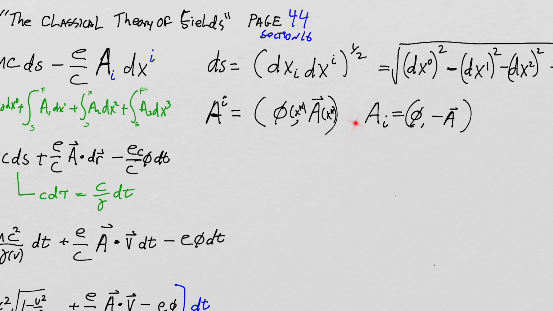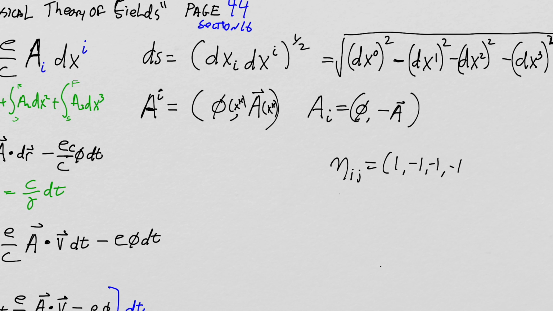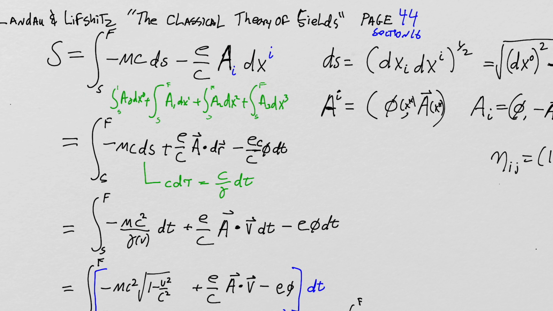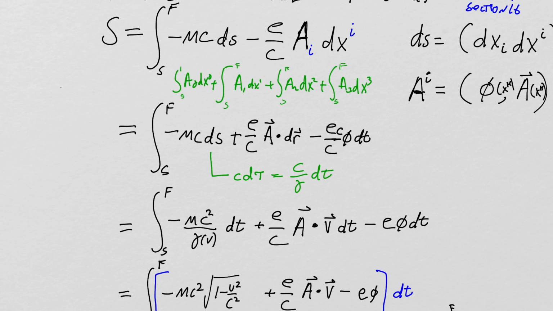And we know from our study of special relativity that the covariant expression for this just drops a minus sign on the space part, given the convention that we're using, which is that the metric is 1, minus 1, minus 1, minus 1 when i equals j. That's elementary special relativity. I don't feel the need to review that, but this is the covariant part, which is what we're using here. So now, what's the next step?